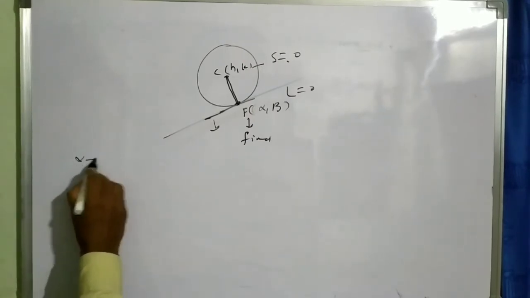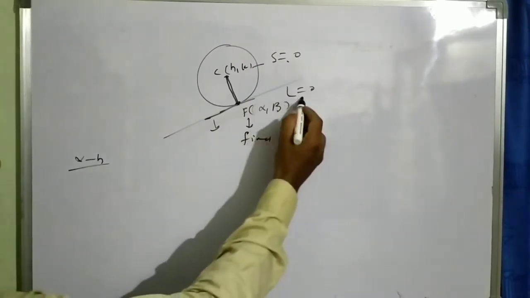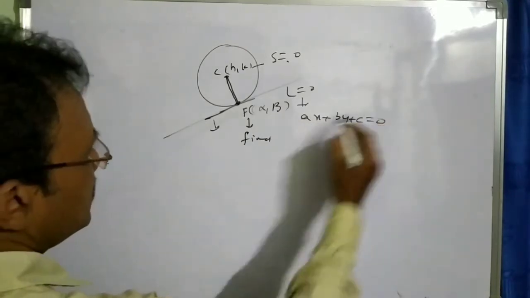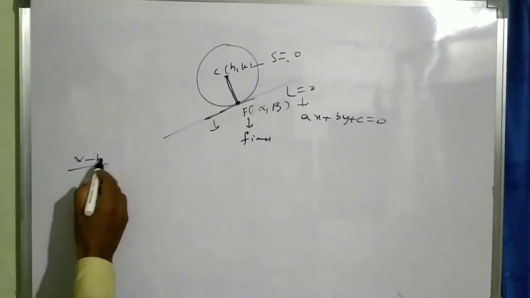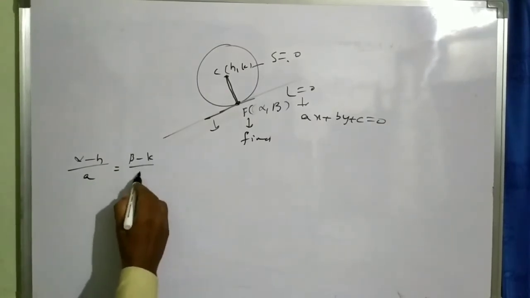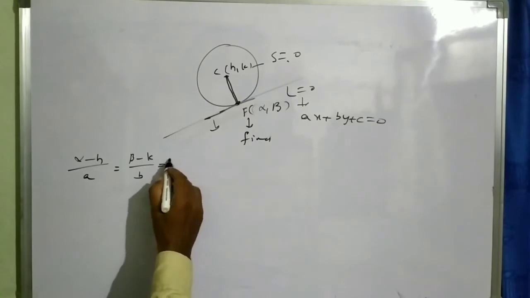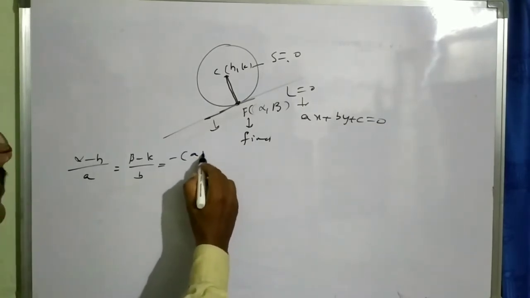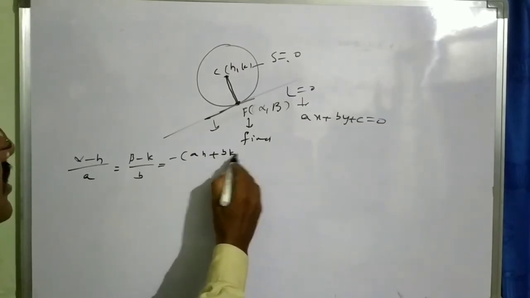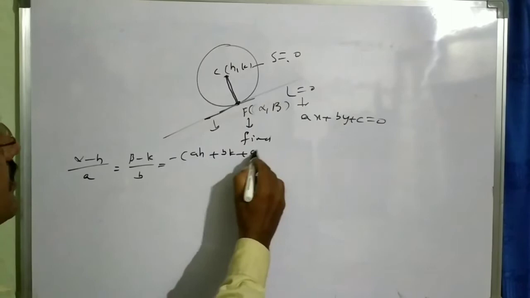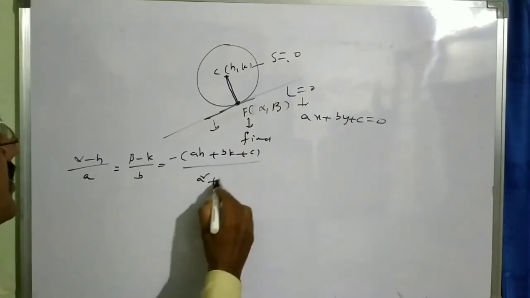This line's equation is ax plus by plus c is equal to 0. So (alpha minus h) by a is equal to (beta minus k) by b is equal to minus of (ah plus bk plus c) by (a square plus b square).